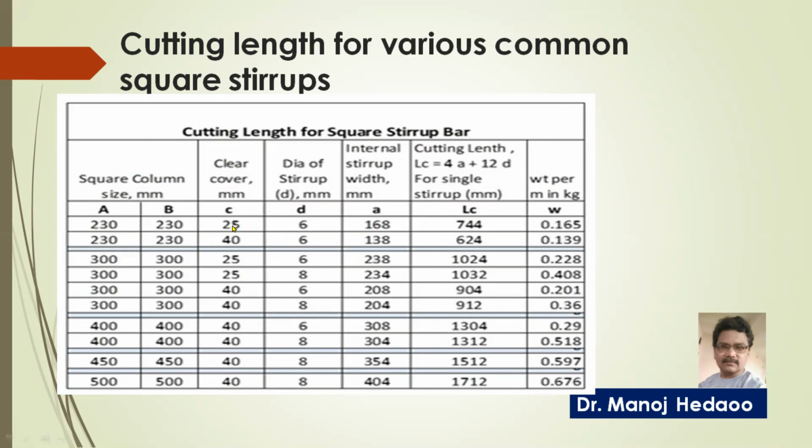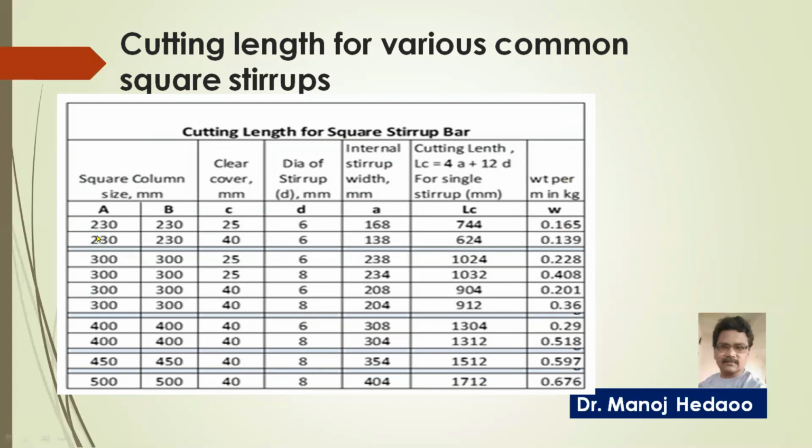The clear cover here is 25. The diameter of the stirrup is 6. Then the internal stirrup width, that is small a, is 168. Then LC, that is the cutting length. Using the formula 4A plus 12D, you will get directly 474 mm, that is 0.744 meter, and the weight of that bar is 0.165.